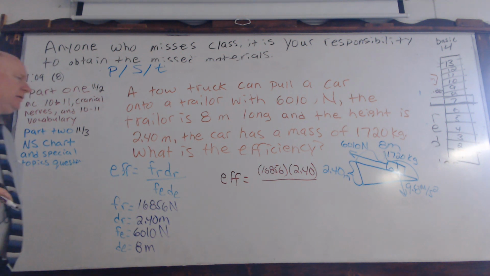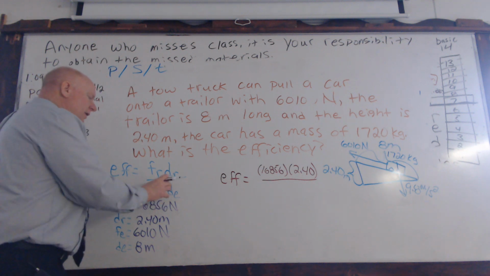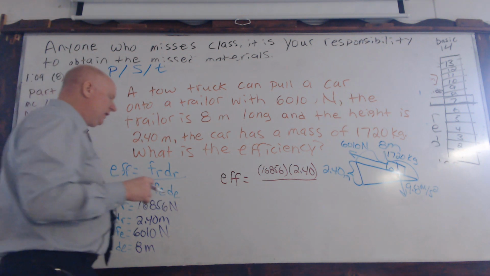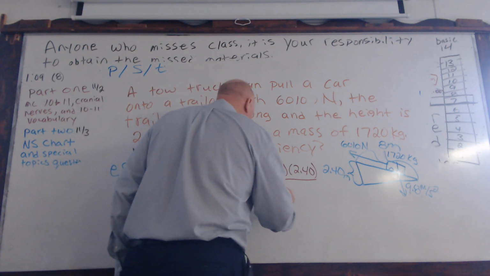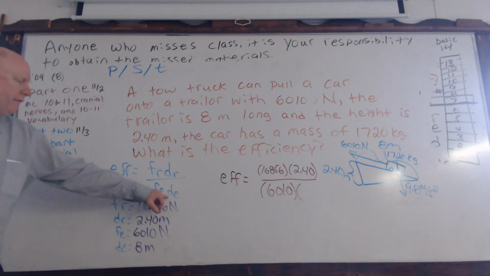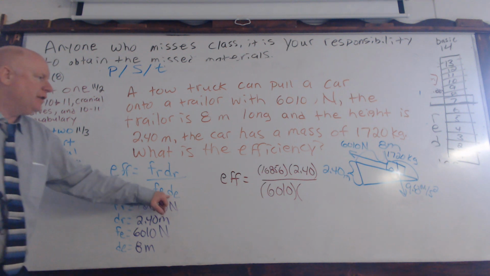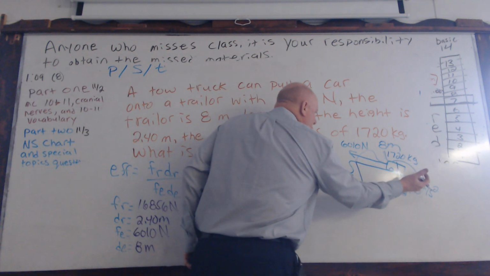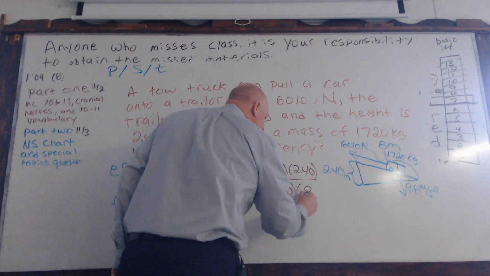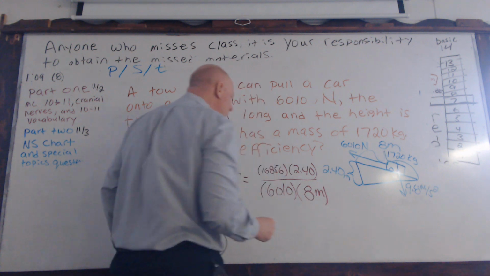Then what's on the bottom there? 6,010 times what? Whatever our effort distance was. That effort distance was how long it's being pulled up that ramp, and in this case, it's 8 meters.